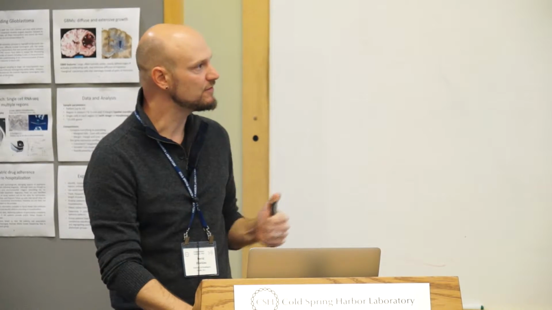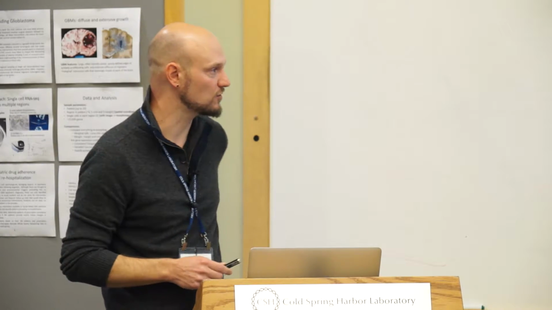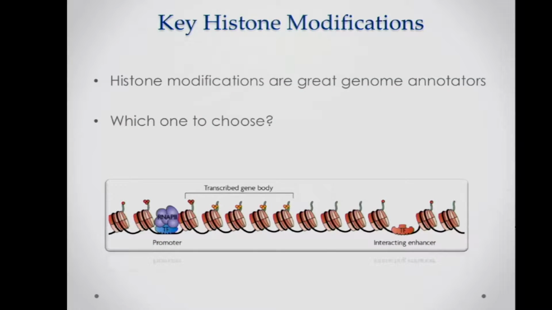All right, so I just wanted to run through, like I said, a handful of histone modifications, some of which you may be knowledgeable of, but just to run through why we look at them, or maybe a little bit of historical perspective on why we look at them. As I said, I think histone modifications are great genome annotators. So which histone modifications do you want to choose?